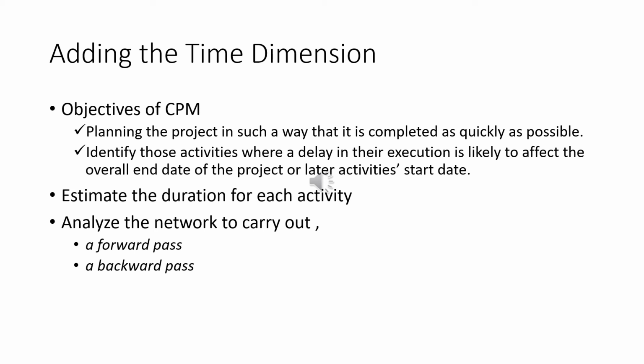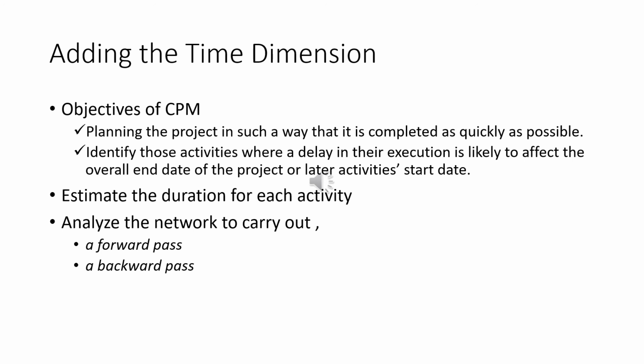The latest date for an event is the latest date by which all immediately following activities must be started for the project to be completed on time. In calculating the latest dates, we assume that the latest finish date for the project is the same as the earliest finish date. That is, we wish to complete the project as early as possible.